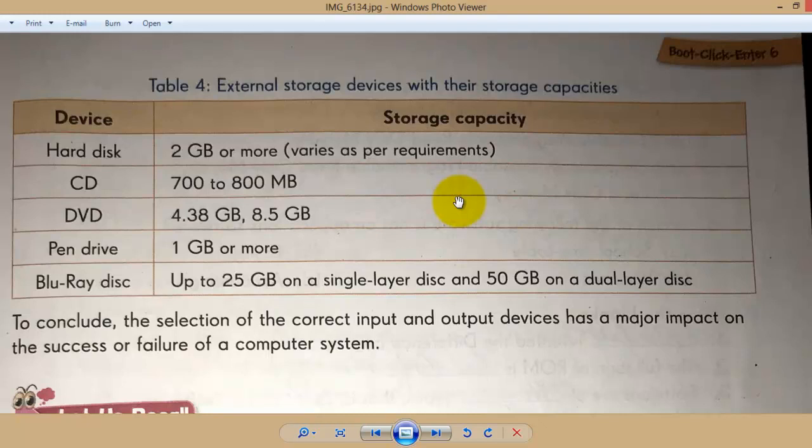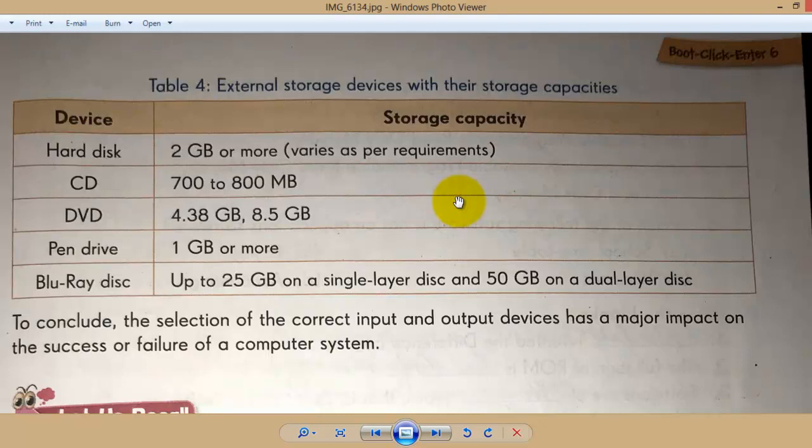Like in some days, if you were getting a movie from a street, a Manipuri film, you used to get 2 CDs for one movie. That means 700 MB into 2, that much data is there for a movie, a video.